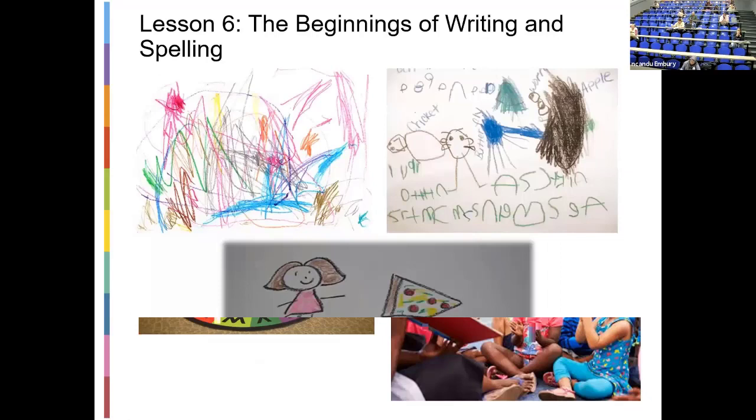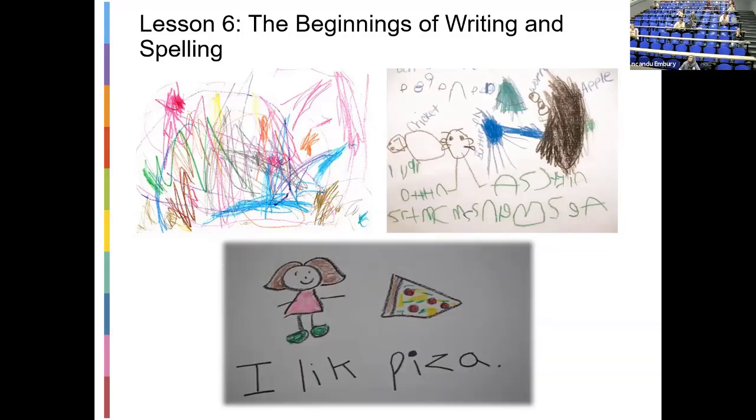Lesson 6, the beginnings of writing and spelling. So in grade R, the beginnings of writing and spelling, in fact, happen during art, during writing, during drawing, during painting. Those are the very beginning stages of writing and spelling.